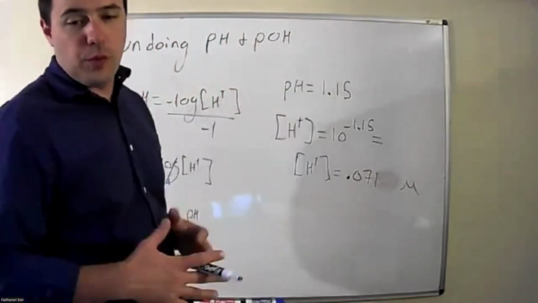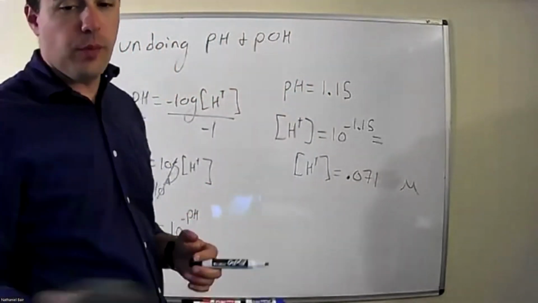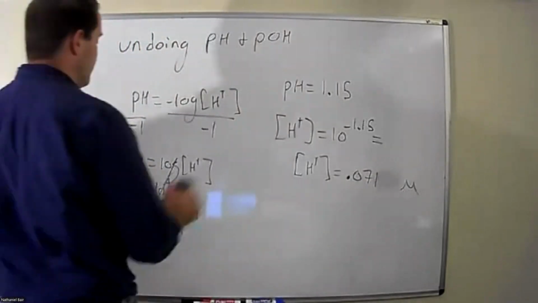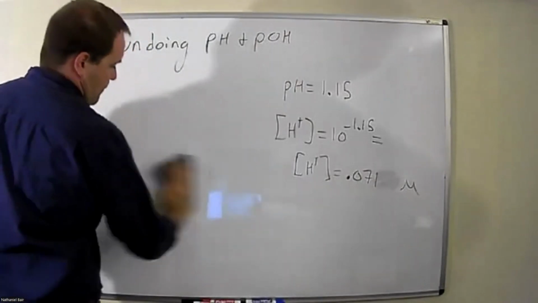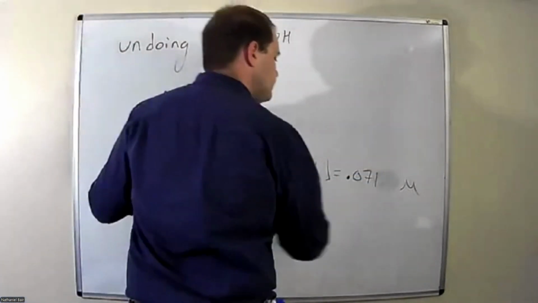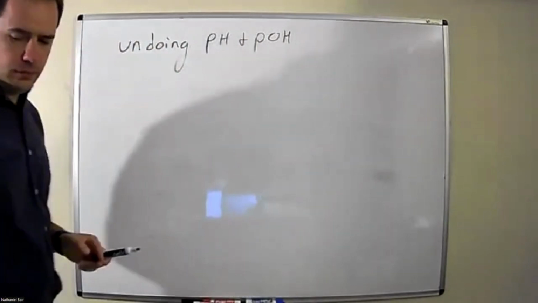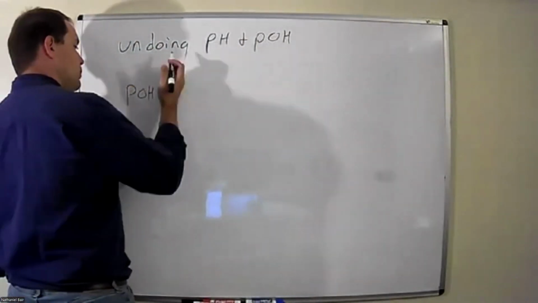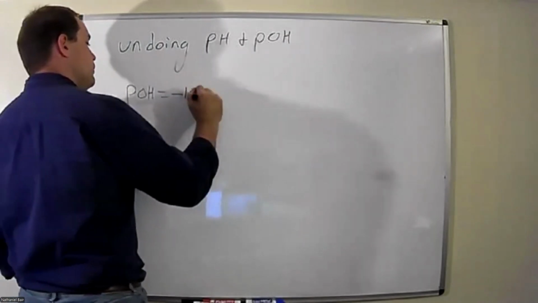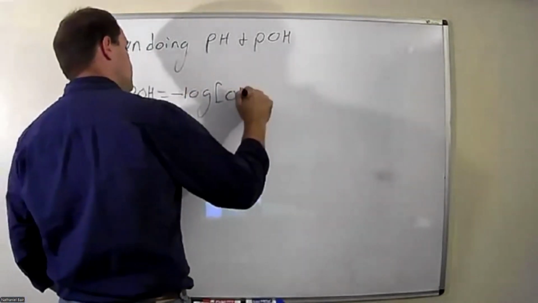Now the same thing is going to be true for pOH, okay? And undoing pOH, we could again derive that formula. The pOH of a solution is the negative log of hydroxide.